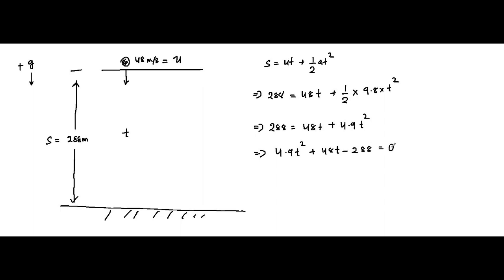Bringing everything on one side, 4.9 t square plus 48t minus 288 is equal to 0. If we divide 4.9 throughout, then it will be t square plus 9.8 t minus 58.8 equals to 0.